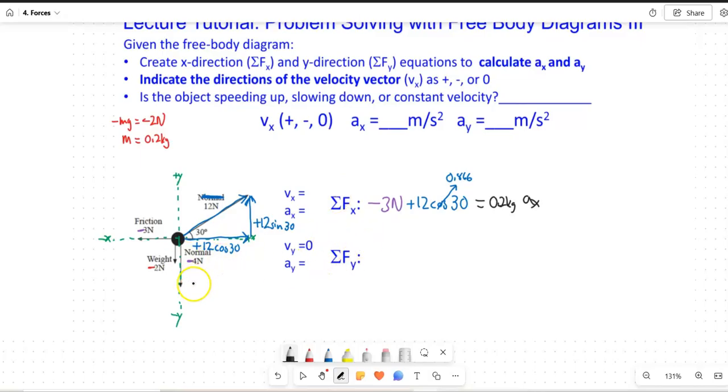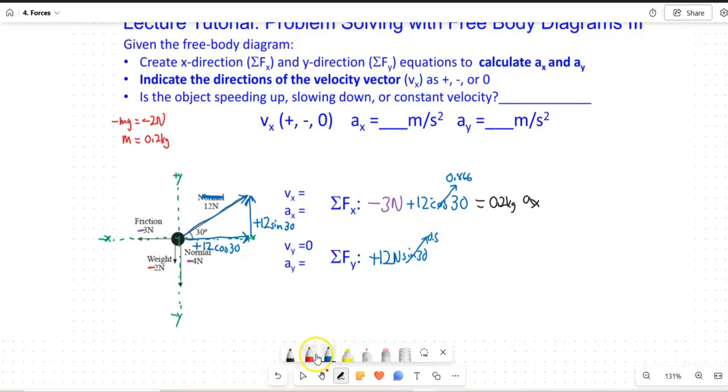In the y direction, we have two forces down and one force up. So I'm going to start with that upward force. That's going to be positive 12 newtons. I should have put newtons here. 12 newtons, and that'll be sine of 30 degrees, and the sine of 30 degrees is a half.